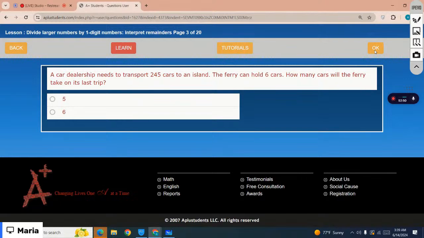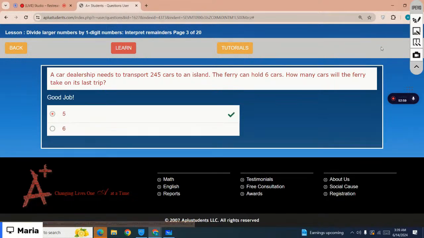Which is the correct option? Yes, 5 is the correct option. Very good. The remainder is 5. So 5 is the correct option.